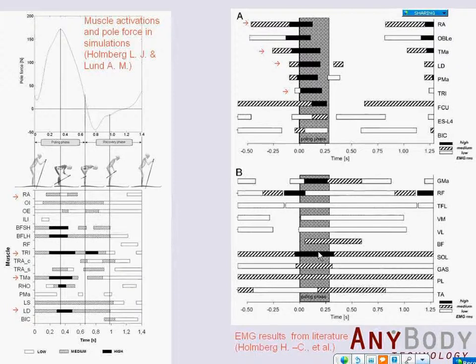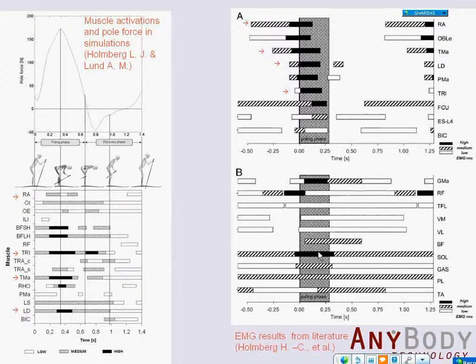The ergometer simulation study shows more activation in the recovery phase, which is this area here to the right, but that's because the poles need more applied force to be transported forward, because you have the mass of the small slide wagon on the double pulling ergometer that you have to pull forward every time. And if you go on roller skis, the effort for the swing forward is almost nothing, just the weight of the pole.